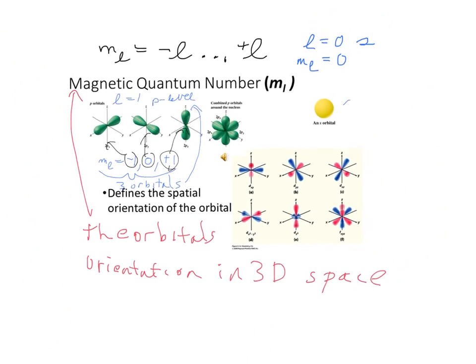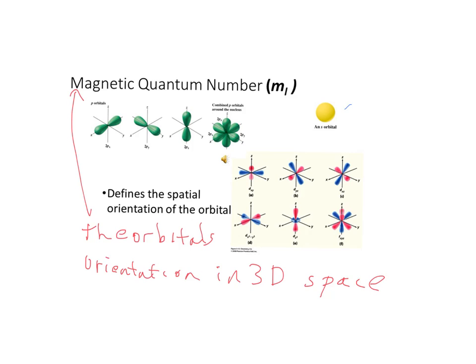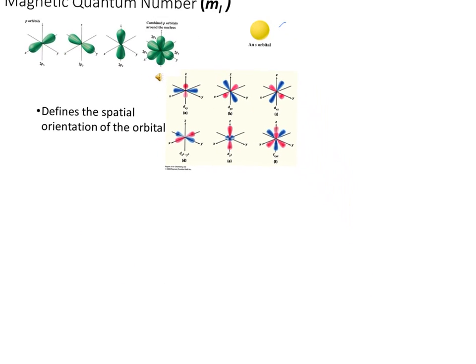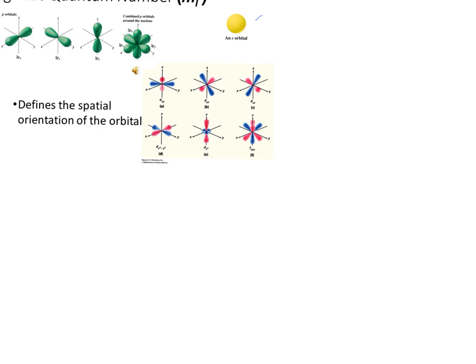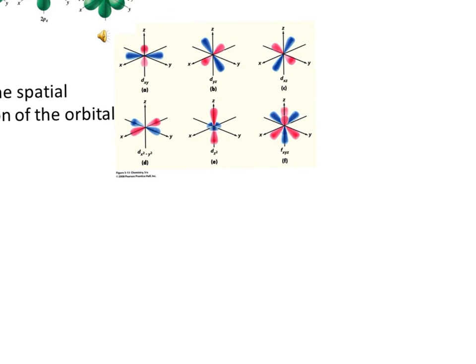Now things get really wild and crazy when we look at our D's. We have our angular momentum quantum number of 2, and that means we're in the D subshell.